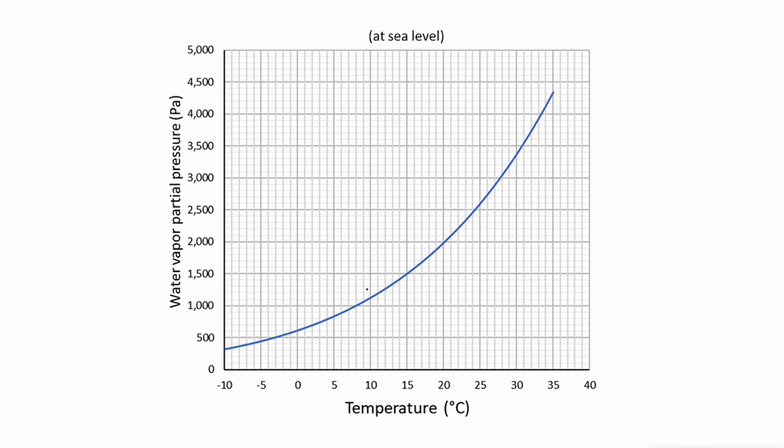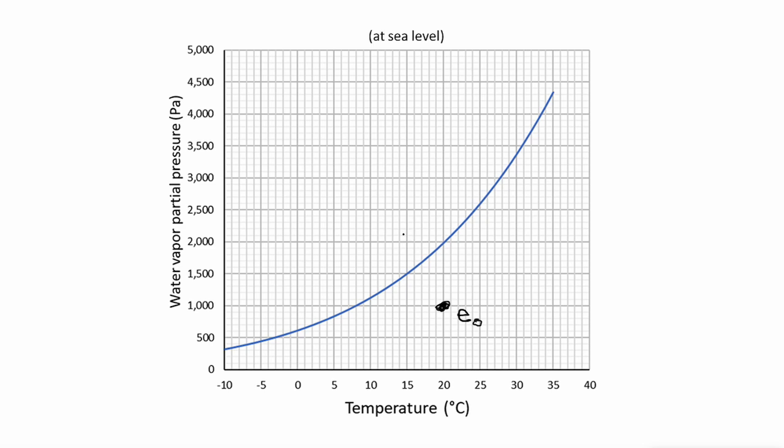So for example, let's say we had an air mass, an atmosphere that had a temperature of 20 degrees, and it had a water vapor partial pressure of 1,000 pascals. It would plot right here.